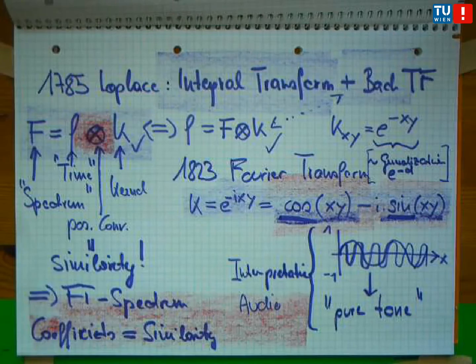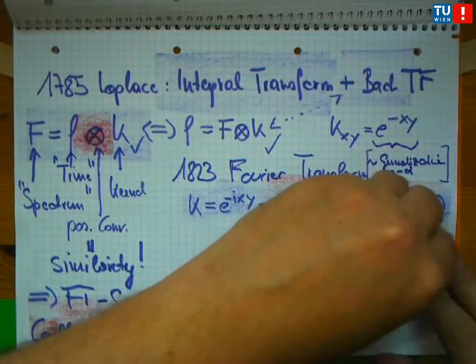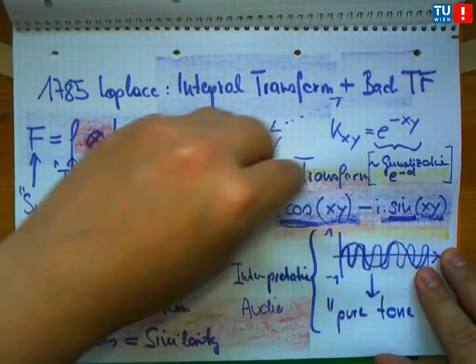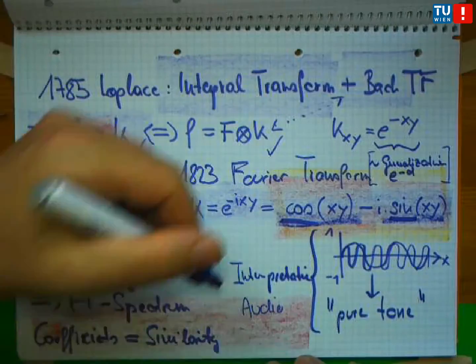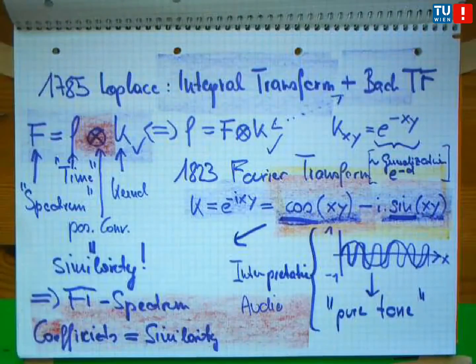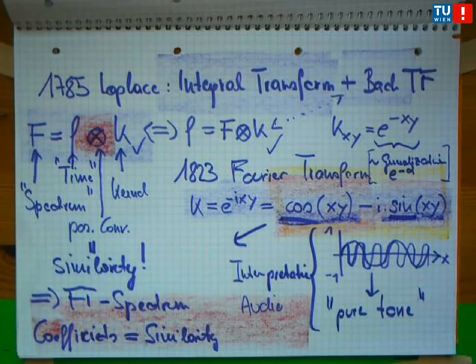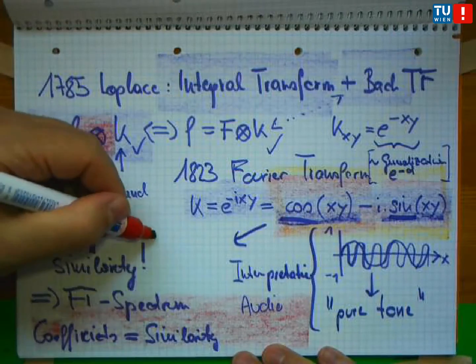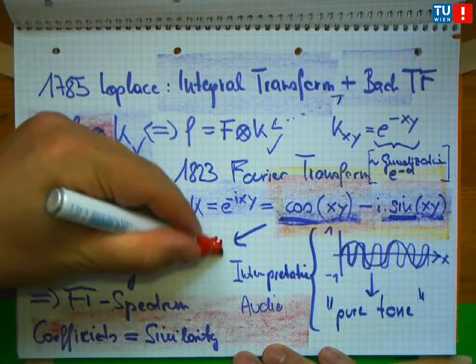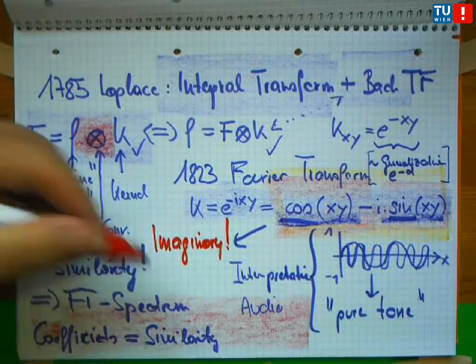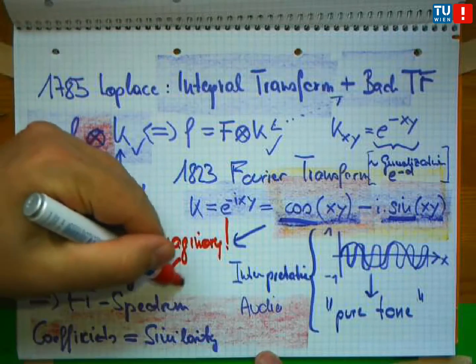Why almost? Because there is one little problem with the Fourier transformation, and that is the output is not just a real number. The output is, unfortunately, let's make this in red because it's so important, it has an imaginary part. It is a complex number.